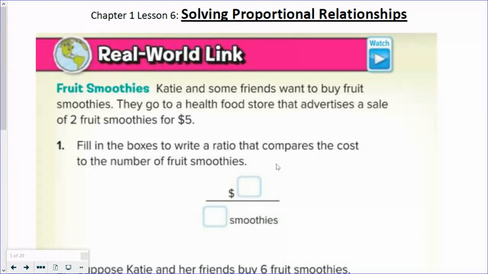That tells us how to write our ratio. We are going to put cost on top and fruit smoothies on the bottom. What does the sale tell us? The sale is telling us that there are $5 for 2 smoothies. That's our ratio.